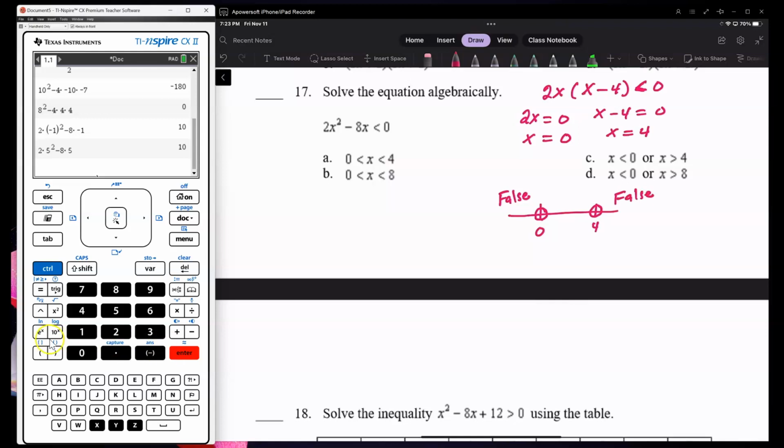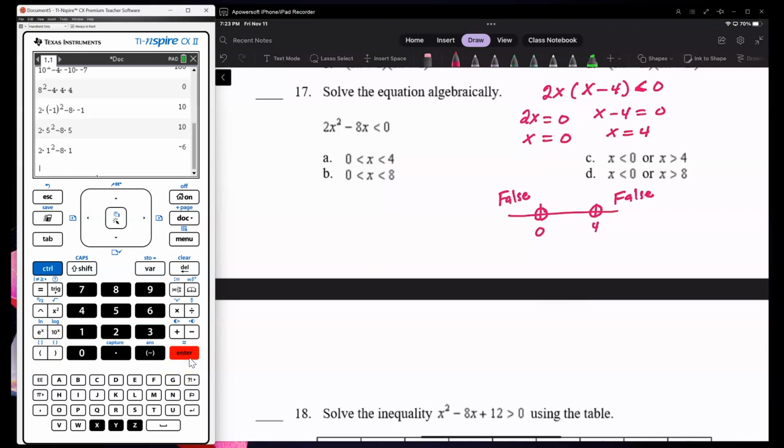So a number between 0 and 4, let's check 1. So we have 2 times 1 squared minus 8 times 1. And that is less than 0.